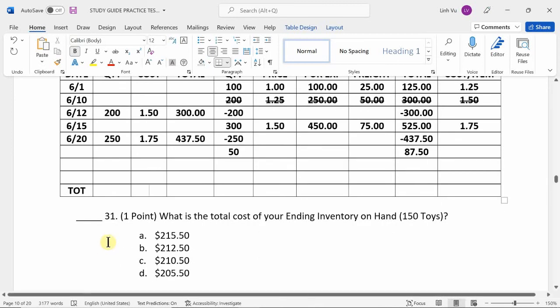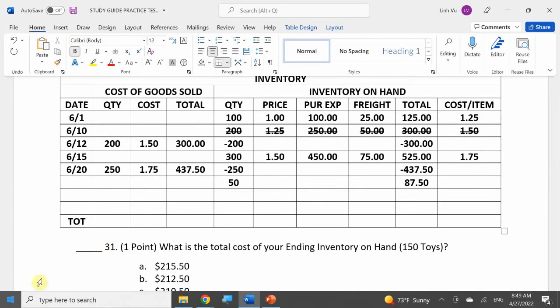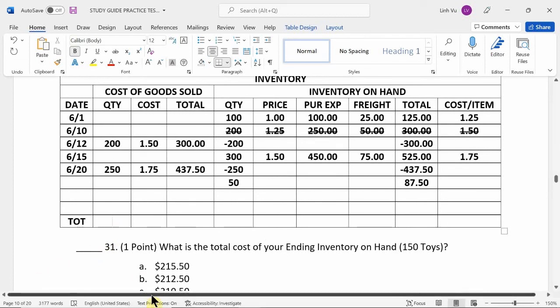Okay? So let's take a look. How many total items did I sell? We sold 450, which cost me a grand total of $737.50. Okay, good, right? And I have a total of 150, right? I have the 100 from the first batch, and I have a remainder of 50 from the very last batch that we purchased.